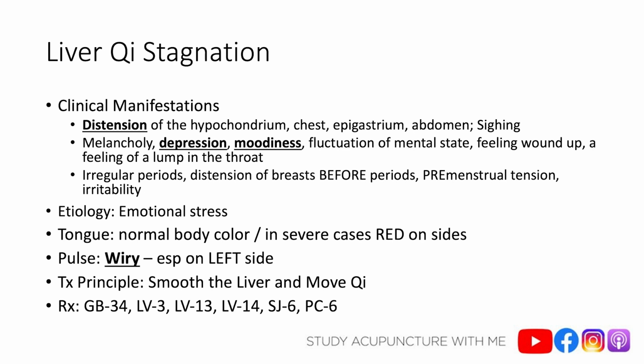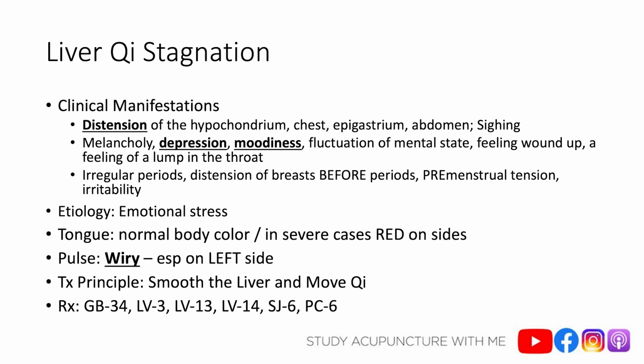So when you, as a clinician, are performing your evaluation, you're looking for these key manifestations, like the ones that I have underlined above on this slide. And those are going to lead you to liver qi stagnation. And of course, you're also going to use tongue and pulse for more clues to help you rule in that definitive diagnosis. So here's what a liver qi stagnation tongue and pulse would look like. The tongue body would be a normal color.